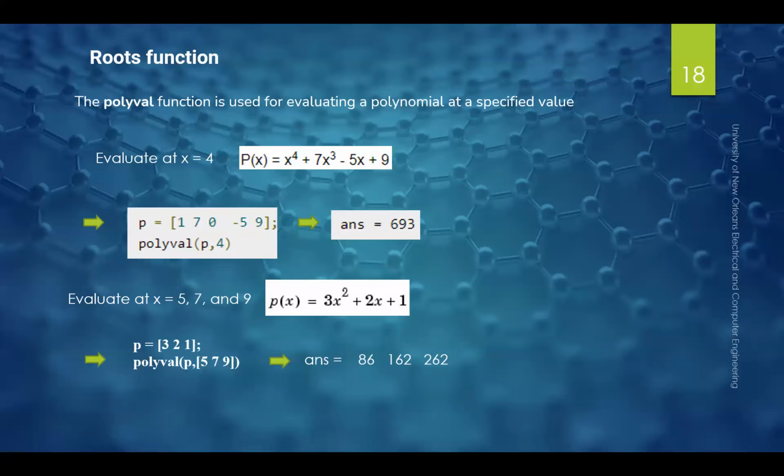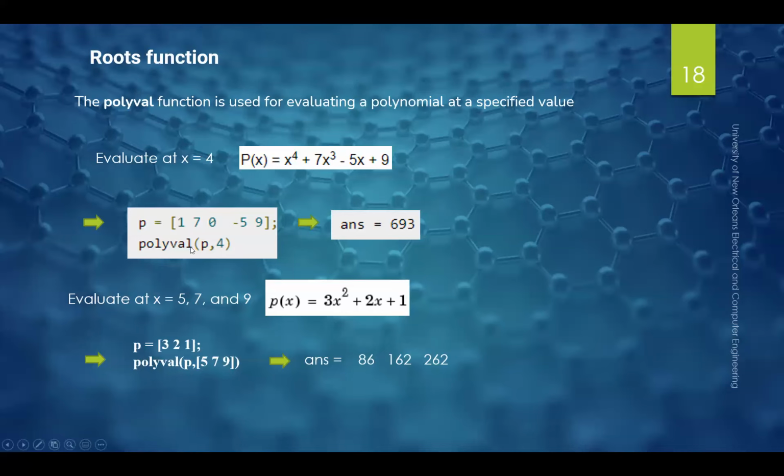Okay. So again, going back to the polyval function, it is used to evaluate a polynomial given a value. In the first example, we have this polynomial here, and we want to know the value of that polynomial when x equals 4. The way you use the polyval function is very similar to the poly function in the way that you give it an argument.